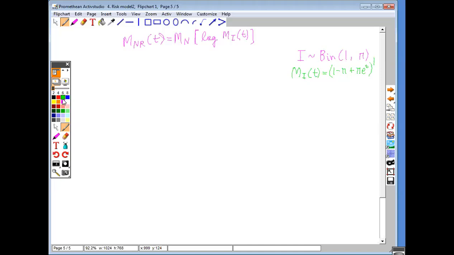But again, let us try to have the next step for this. So now I know what my M_I(t) is. And do I know my MGF for N? What is the distribution of my capital N here? Anyone?